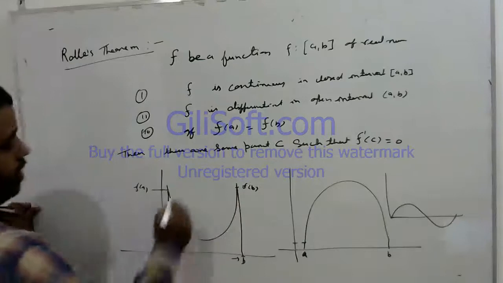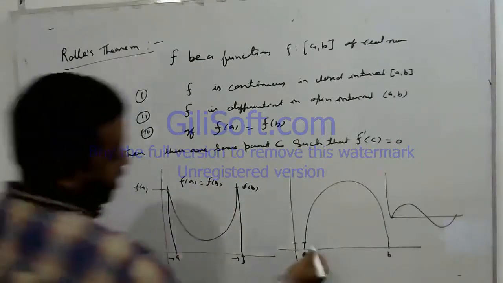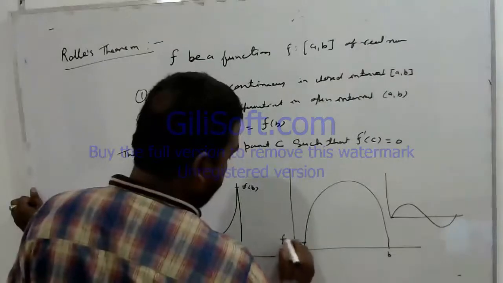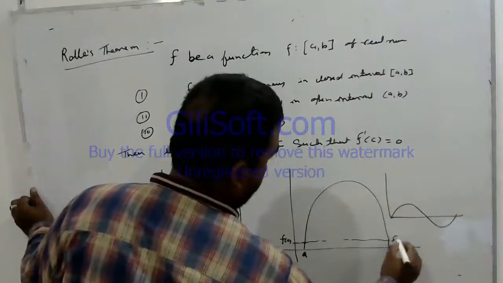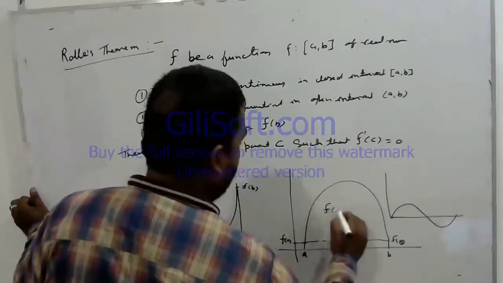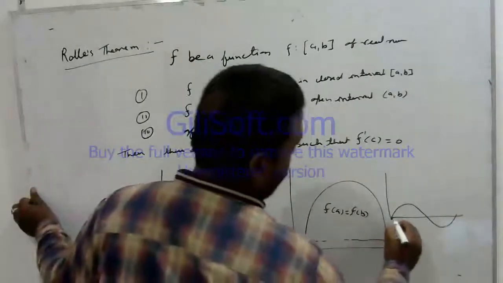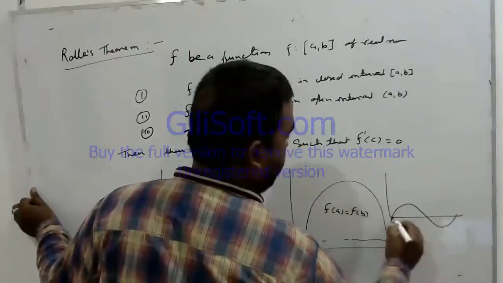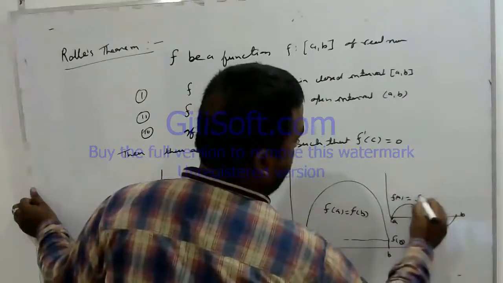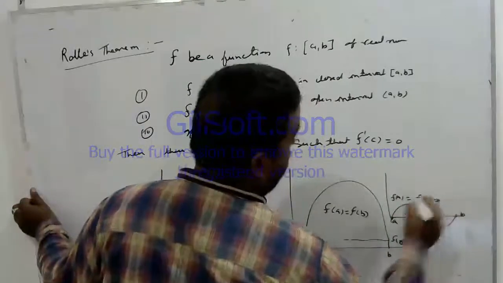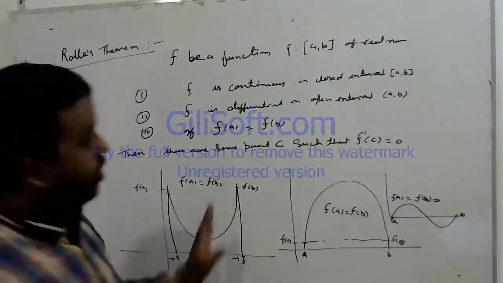You can see here f(a) is equal to f(b). Similarly, in this function, this is f(a) and there is f(b), and again f(a) is equal to f(b). In this case also, there is a point A and there is B, and f(a) is equal to f(b) is equal to 0.